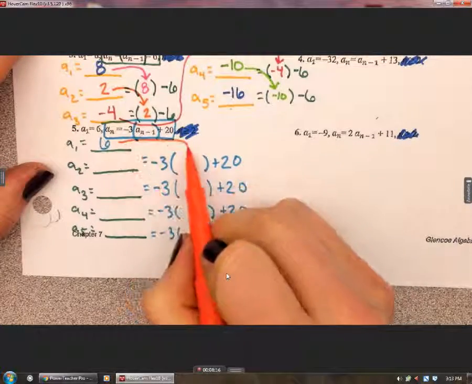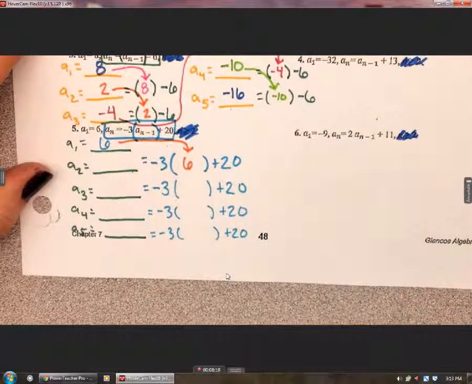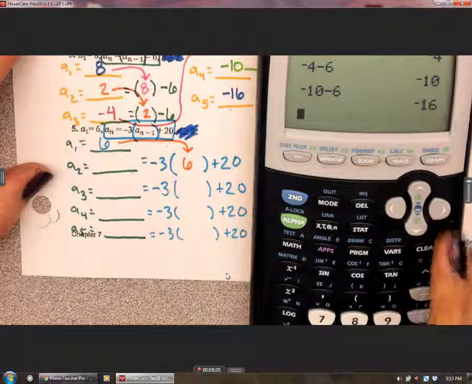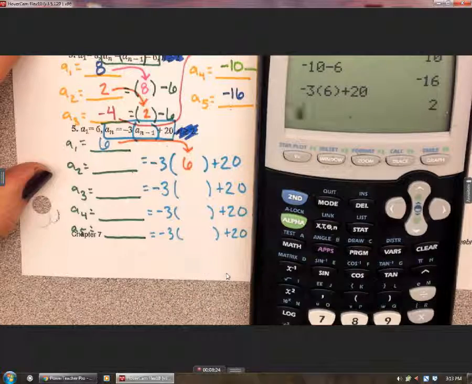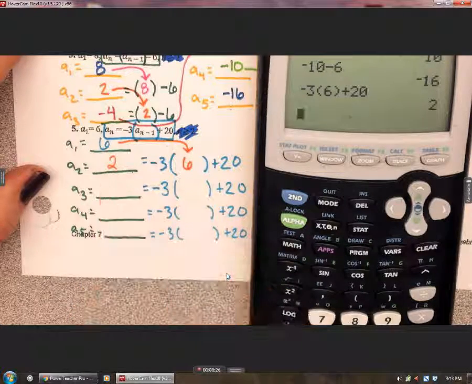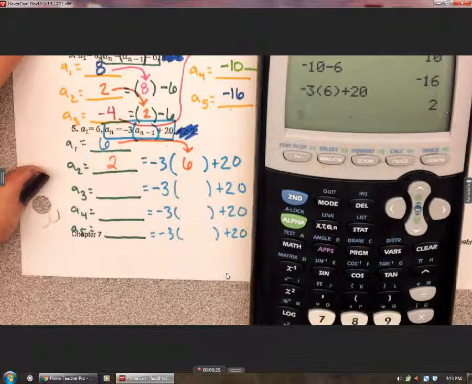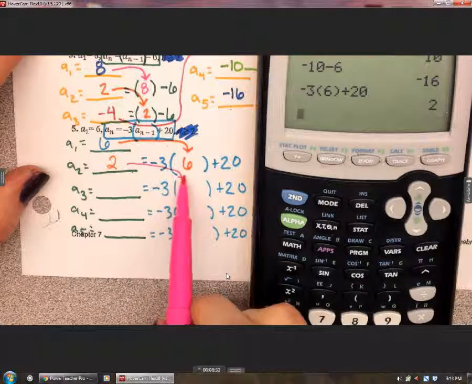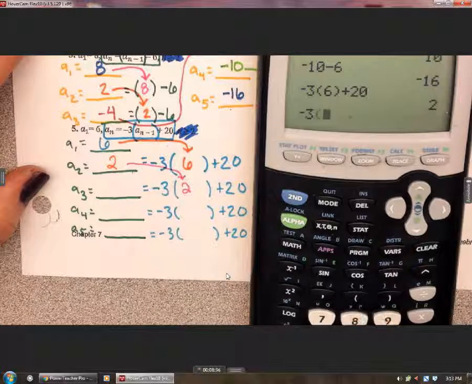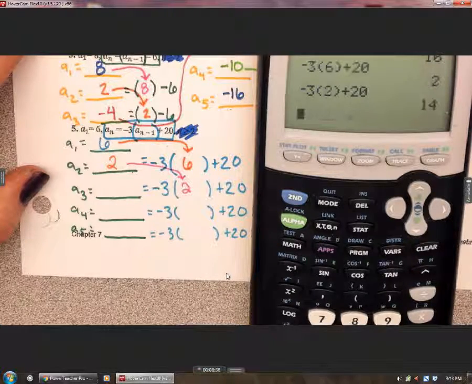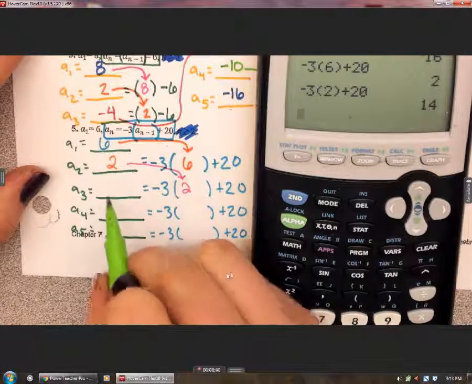The 6 is going to come right in here. I can type that whole thing in my calculator. Negative 3 parentheses 6 plus 20 equals 2. Negative 3 parentheses 2 plus 20 equals 14.